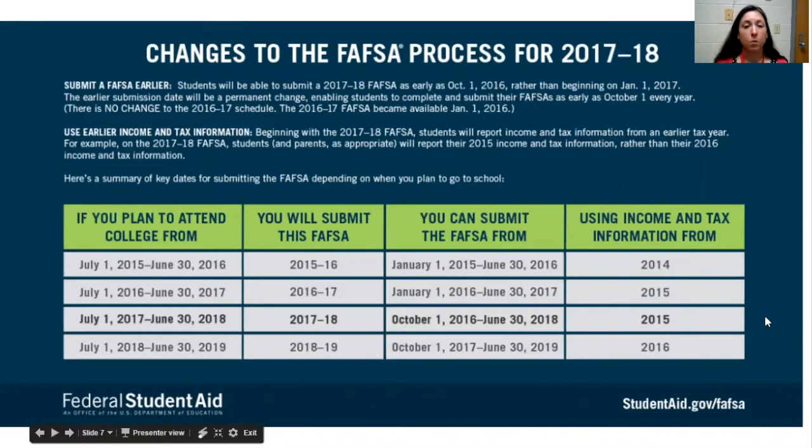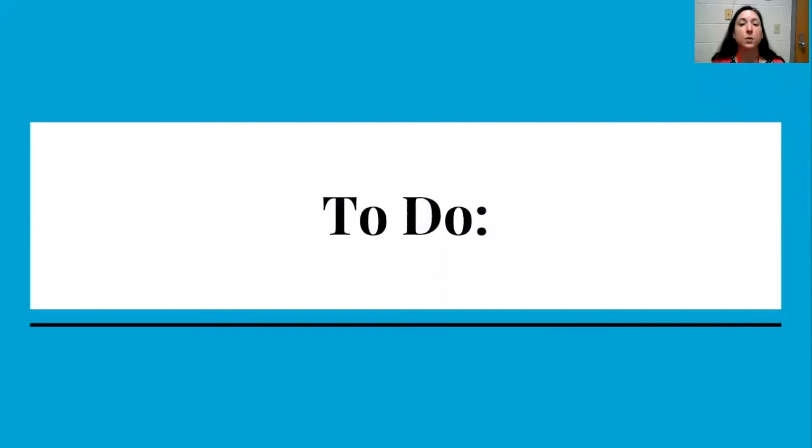The big thing to remember with the FAFSA is the sooner you get your name in the drawing or in the database for the available aid, the sooner you'll know what aid you can receive and the more likely you are to receive the maximum aid. So FAFSA is not something you want to wait on and just do whenever you find the time. As soon as it opens on October 1st, the sooner you get your information in there, the better for you and for your family.